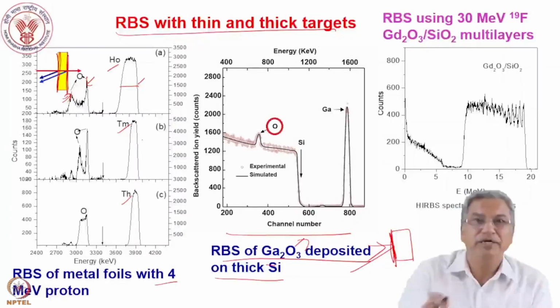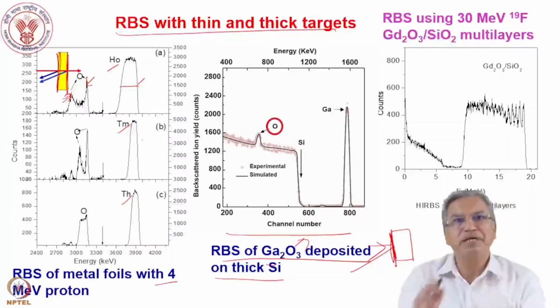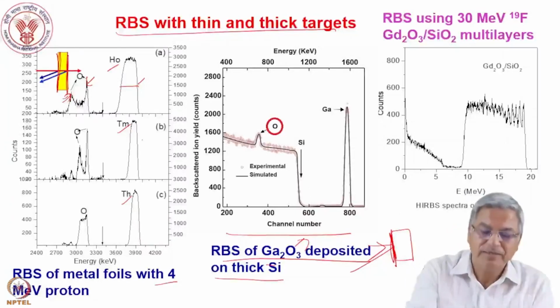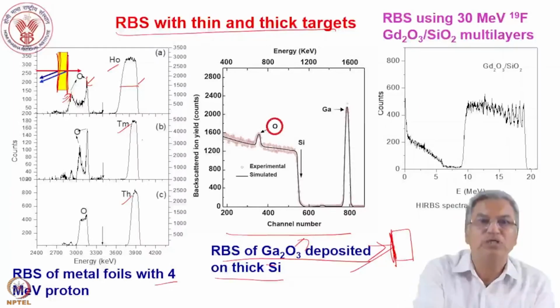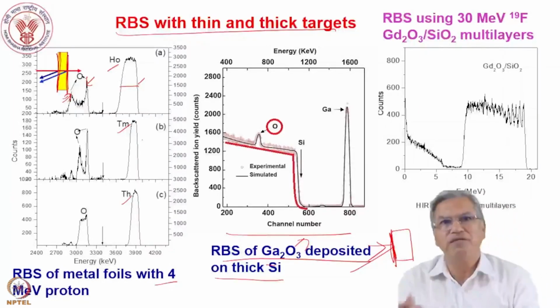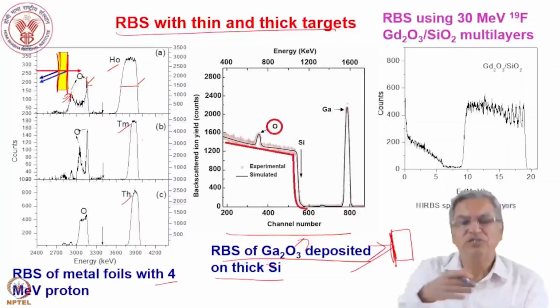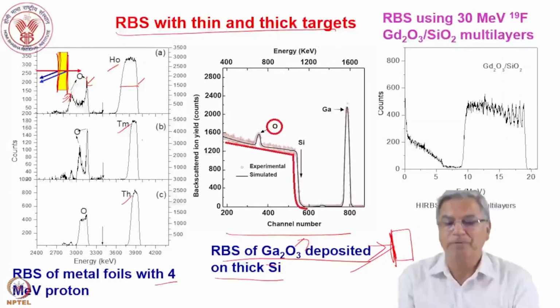Silicon will be somewhere here, and since silicon is very thick, it will not appear as a peak, but as a thick edge. So this is all due to silicon. Since it is effectively infinitely long compared to the projectile range, you will see a hump. So thick targets will show a hump.